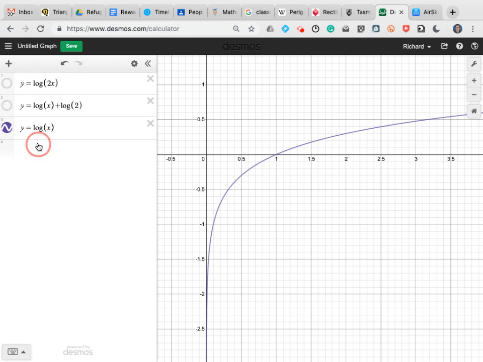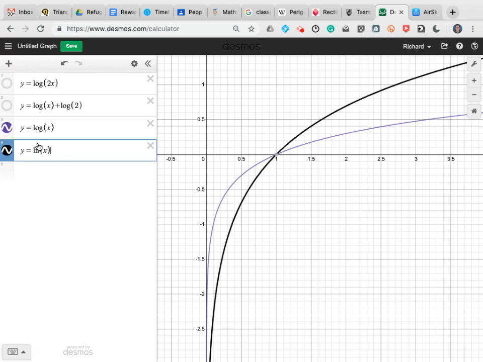So if I go y equals ln x. Ln is the shortcut for log base e, natural log. You can see that the natural log, this is a different base. The natural log has a sharper gradient, but nevertheless it cuts through at the same point, 1, right?